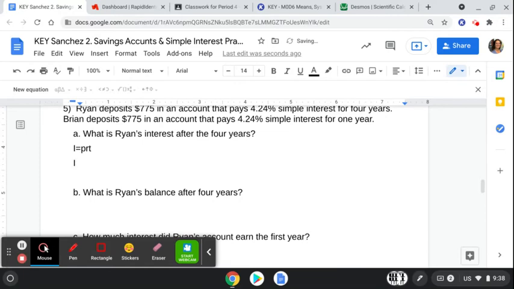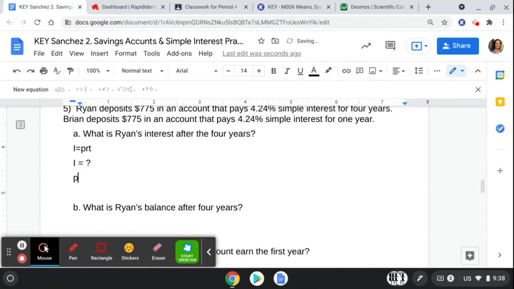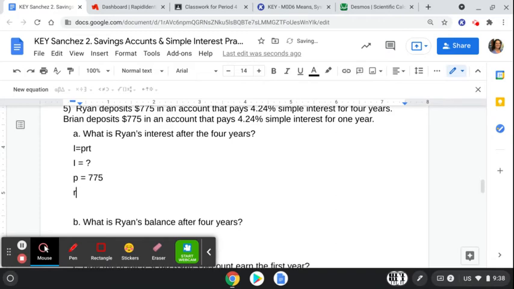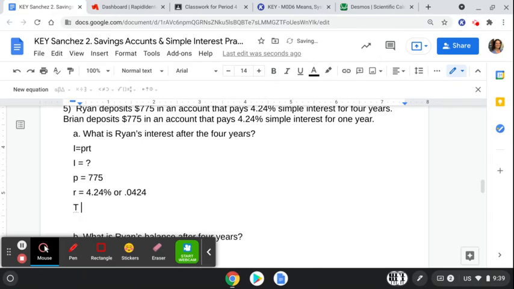So our interest is our unknown. Our principal is 775. Our rate is 4.24%, which we convert to 0.0424. And the time for Ryan is 4 years.